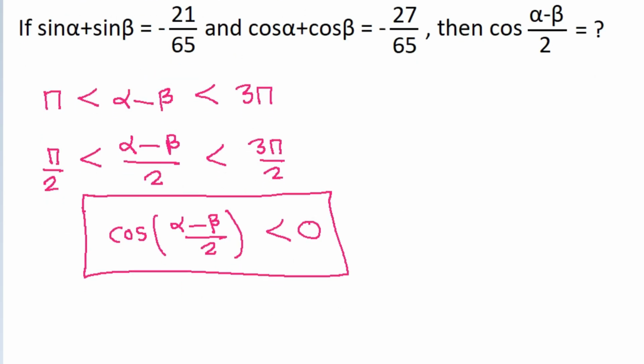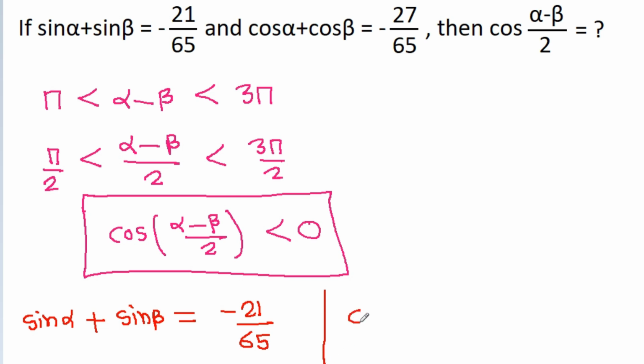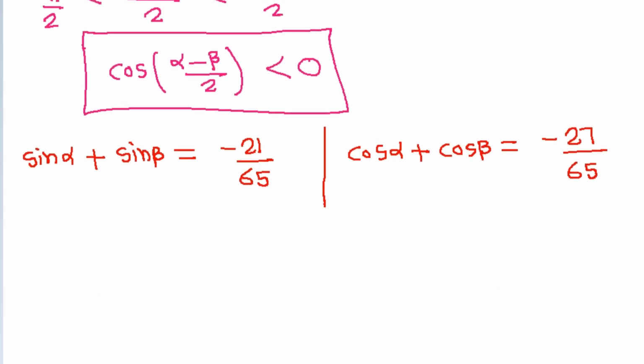And we are given sine alpha plus sine beta is equal to minus 21 by 65, and also cos alpha plus cos beta is equal to minus 27 by 65.